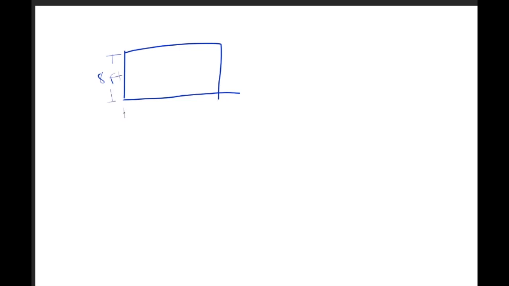And this side, I'm going to break up into 2 parts. I'm going to say that this longer part over here is going to be 40 feet. And obviously this is not drawn to scale. This little guy over here is going to be x. I don't know what x is yet. But I know that my entire area of this rectangle is 360 square feet.